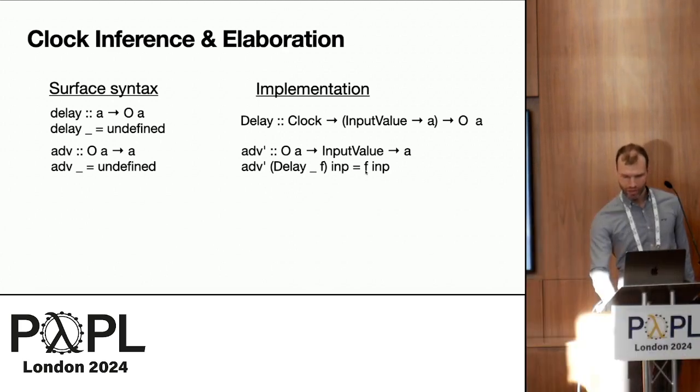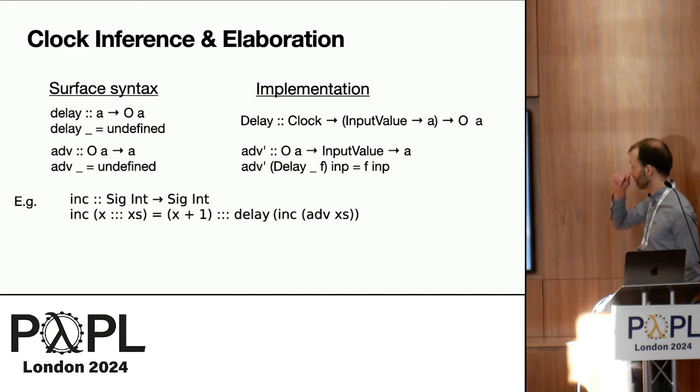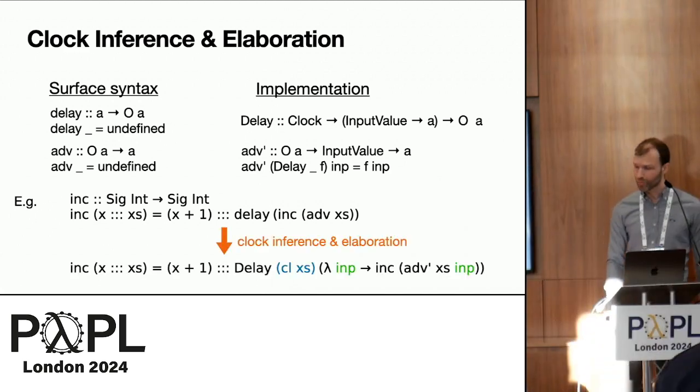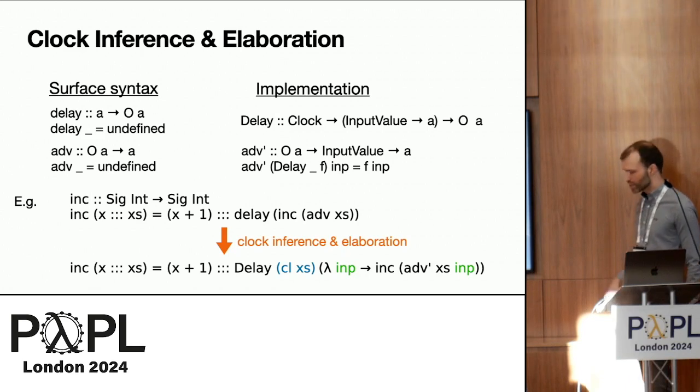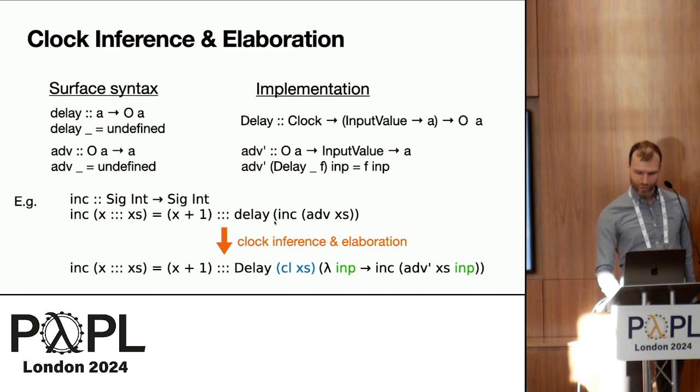All right, so what the compiler plugin will do, it will see this definition of our increment function we've seen a couple of times by now, and it will replace it by this. So it has clock inference, so it will find out that this delay must be with respect to this clock of XS, and it will replace the body here with this function that takes the input as an argument, and then will pass it on to the advance.